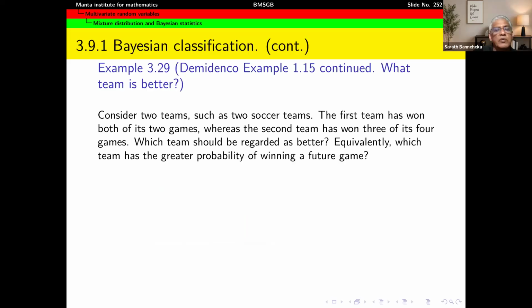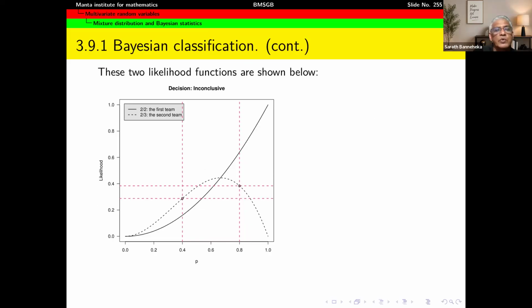Actually, the problem gives you three out of four games, but here I have drawn something wrong. But the method will be the same. Maybe my legend here is wrong, but this is the correct function.